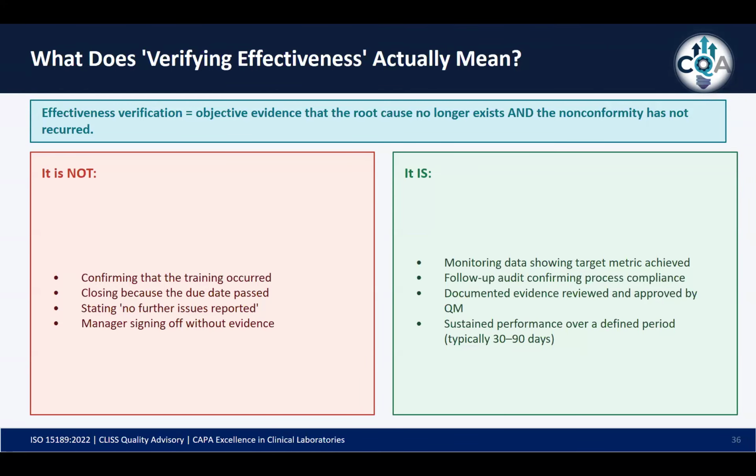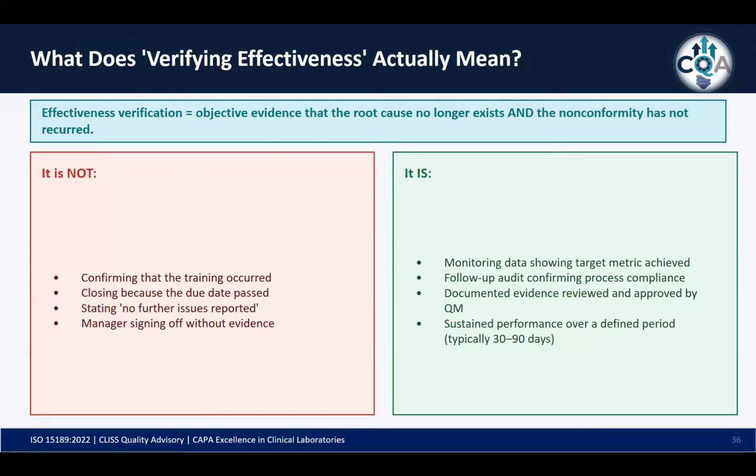Then you have reason to mark your non-conformity as closed. It is not confirming that a training has occurred, like what we see in most documents, in most records. It is not closing because the due date has passed.